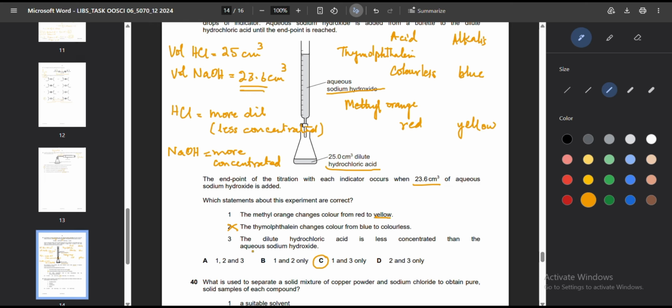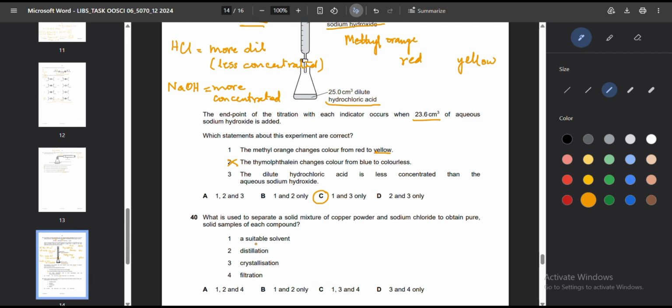Okay, so is it clear now that a smaller volume of NaOH is needed to neutralize 25 centimeter cube of HCl? So NaOH must have a higher concentration, so HCl is less concentrated.